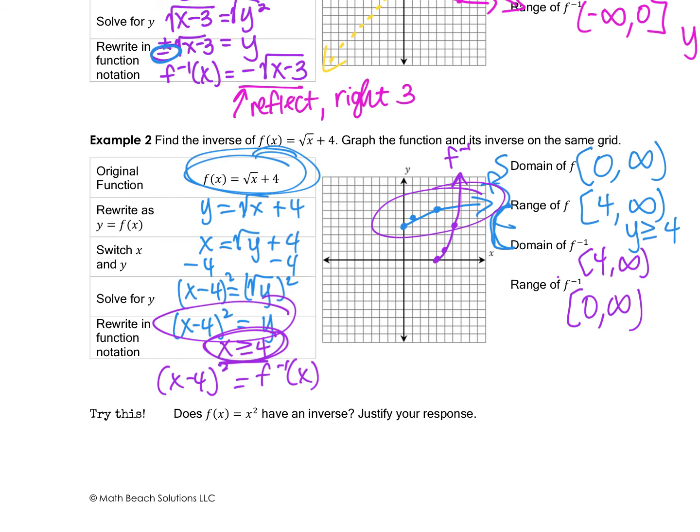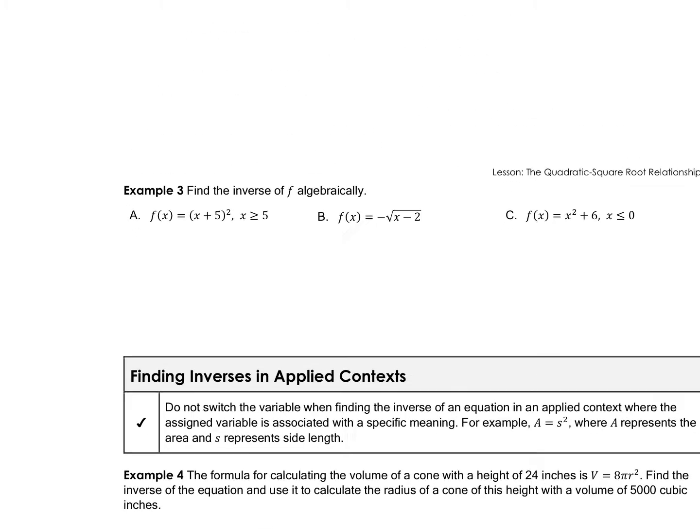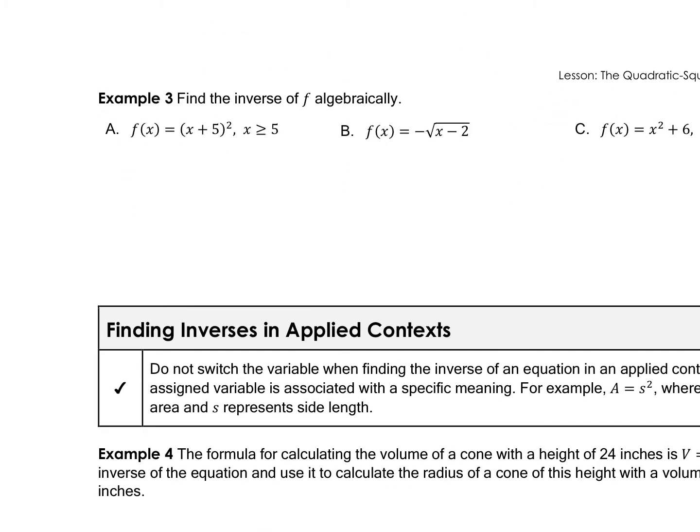Okay, let's get the next one. So we're going to find the inverse of f algebraically. So I'm going to rewrite it with a y, and then I'm going to switch my x and y.